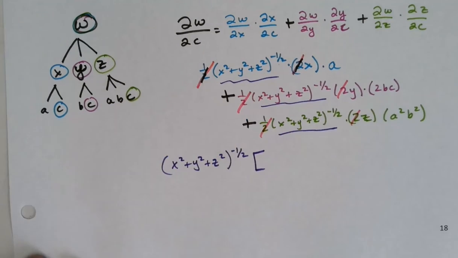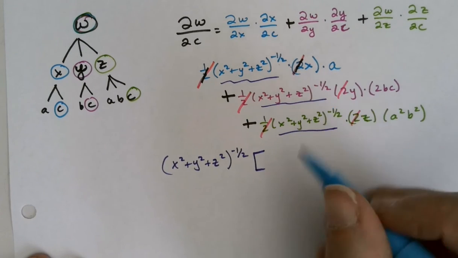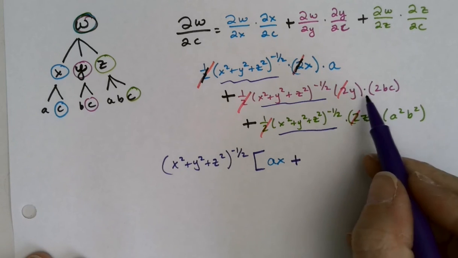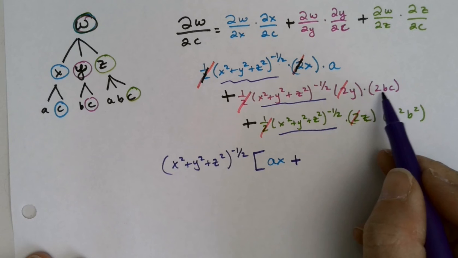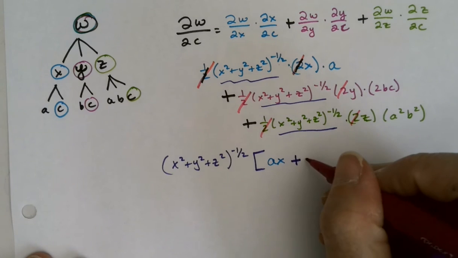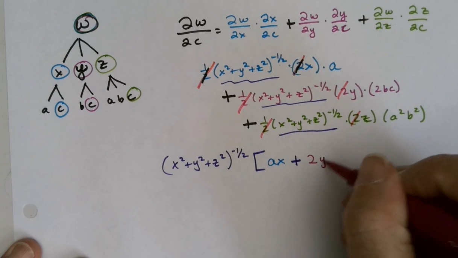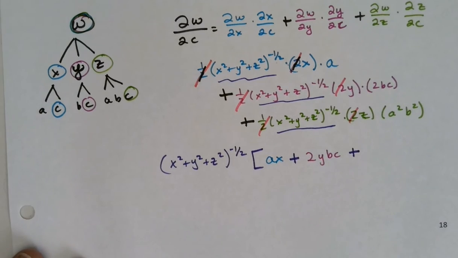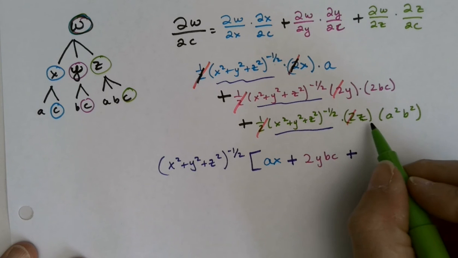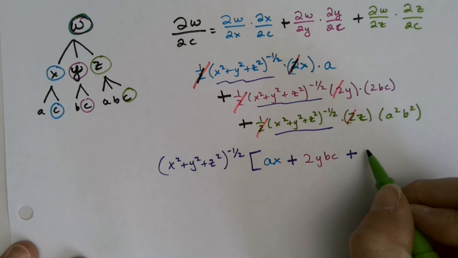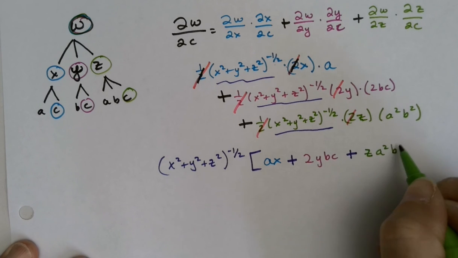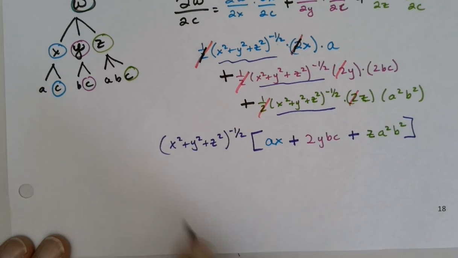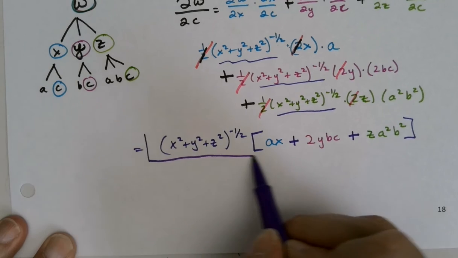An x and an a: ax. In the middle term, I'm left with a y, a 2, a b, and a c: 2ybc. Then a z times a squared b squared. There you have it. It's not pretty, but it works.